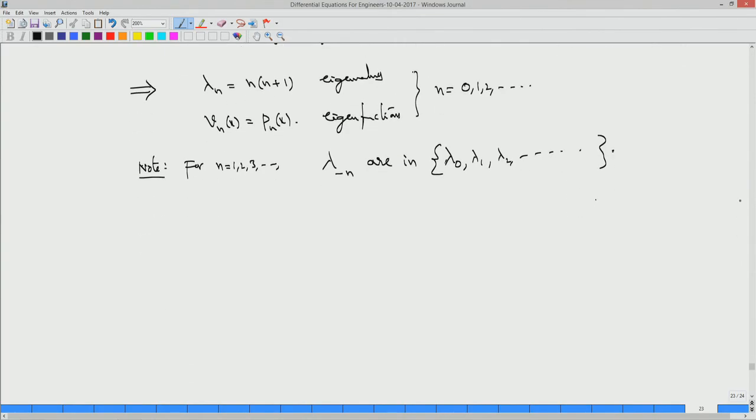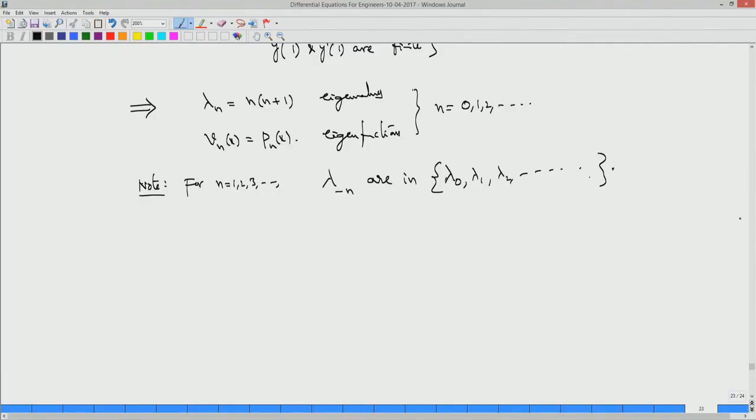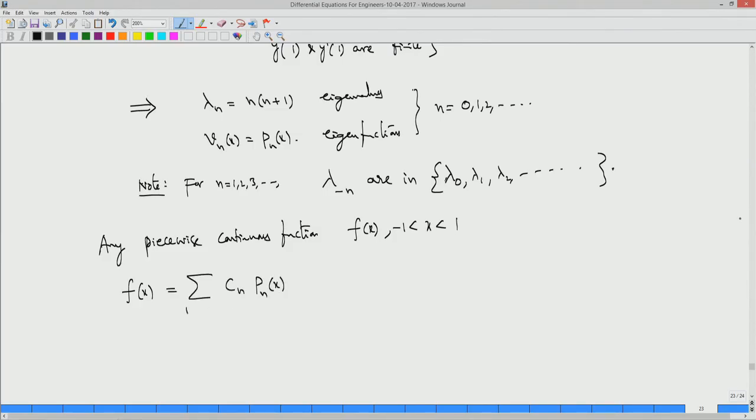Once you have this, if you use the properties of these eigenfunctions, self adjoint operator or skew symmetric operator, any piecewise continuous function f(x), for x between -1 and 1, I can write in terms of Cn Pn of x, n from 0 to infinity, that is what I have.